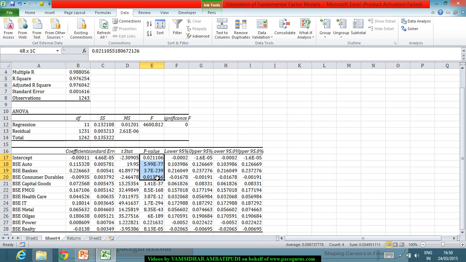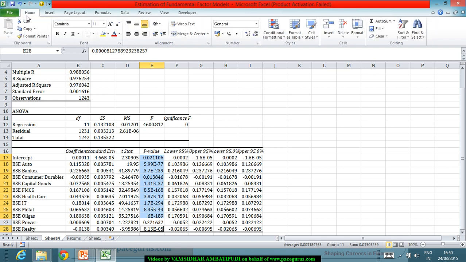So here I could see all these values less than 0.05. All the variables except for power, all of them are less than 0.05 and they are contributing significantly to the model.